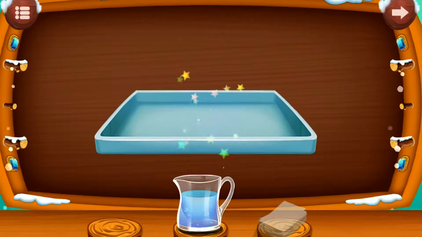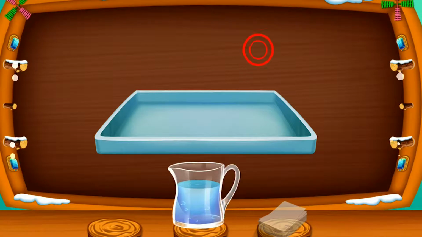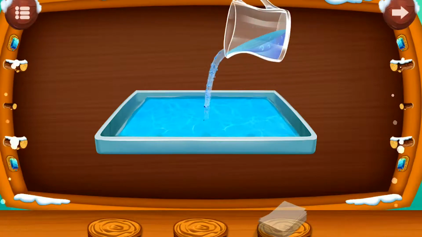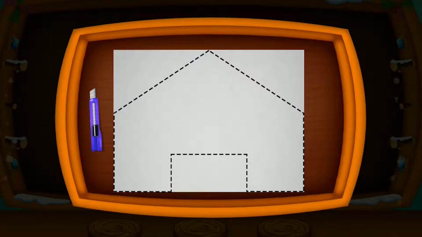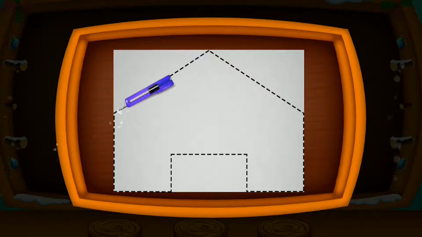Take a tray. Add some water into it. Take a white cardboard paper. Now cut it with the paper cutter. Cut the cardboard paper into boat shape.